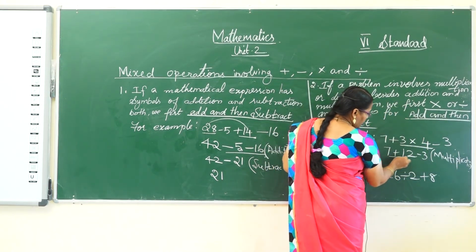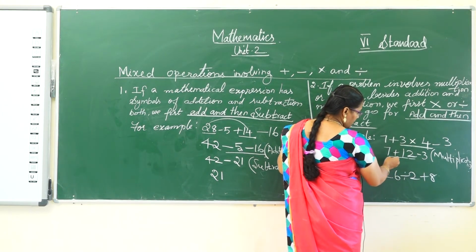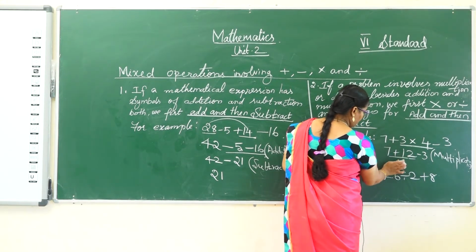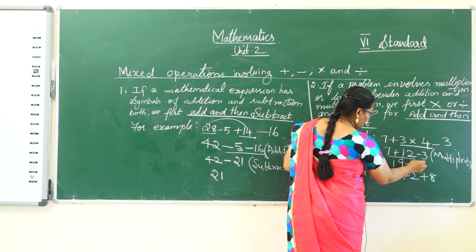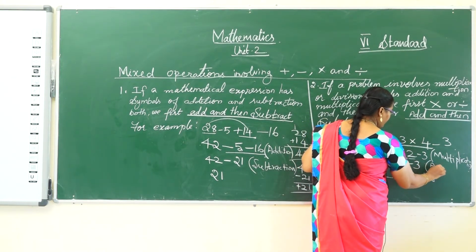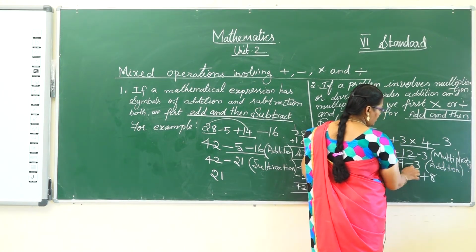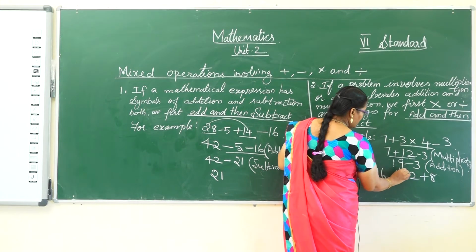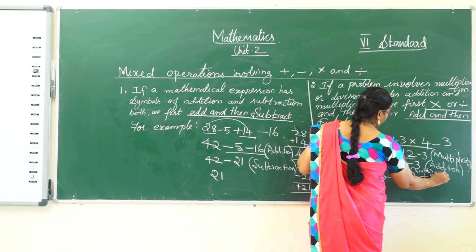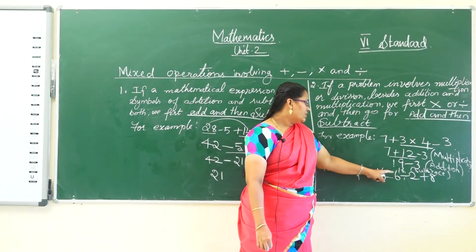Add these two values, 7 plus 12, 19 minus 3. Here write addition. And next preference to subtraction. 19 minus 3 is 16. In this place write subtract. So the value is 16.